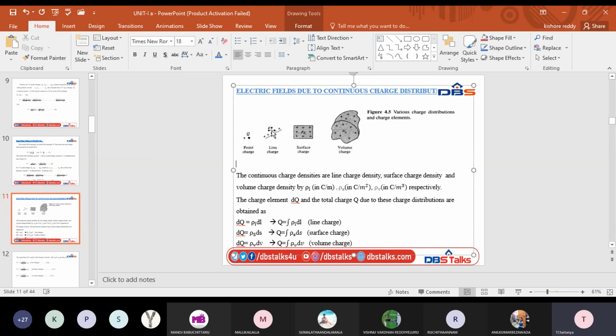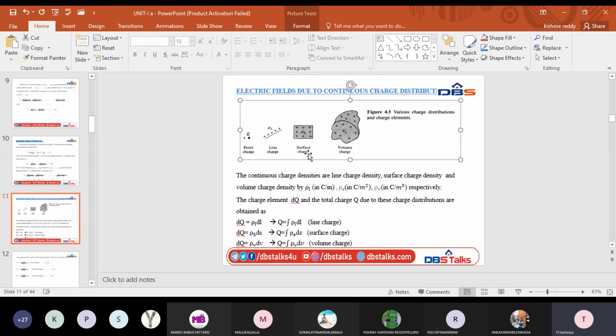That is why it is represented as rho suffix L. And next is surface charge, which contains area. That is why the charge density over a surface is rho suffix S.